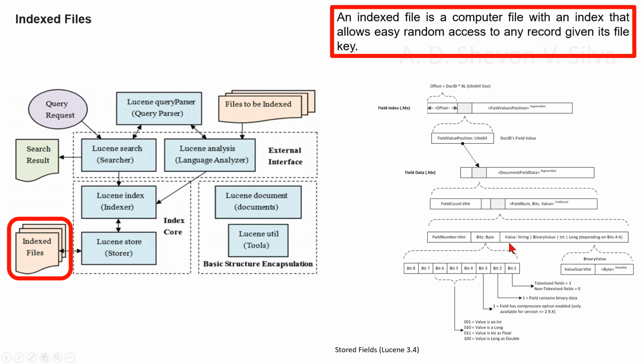Here the value is a string or binary value or int or long, depending on bits 4 to 6. For the binary value, the value size is a vint, followed by bytes of that value size.